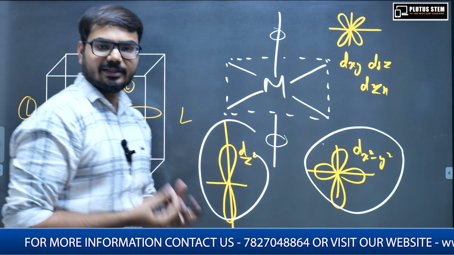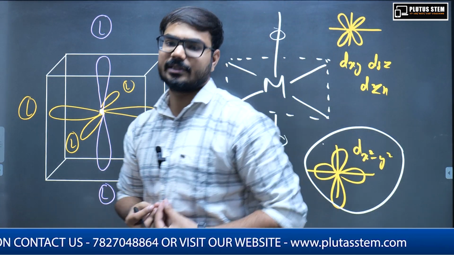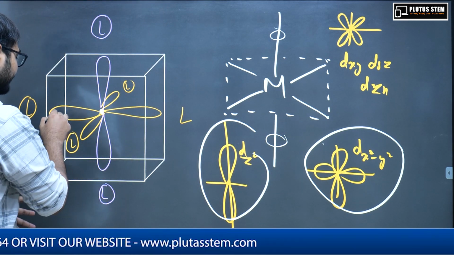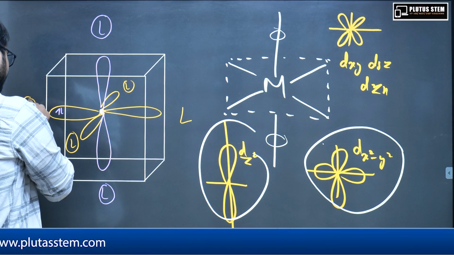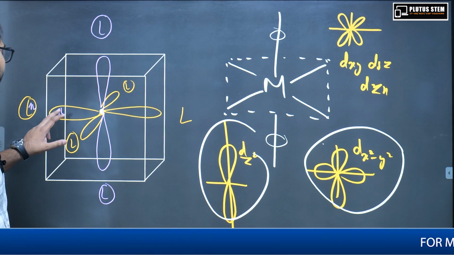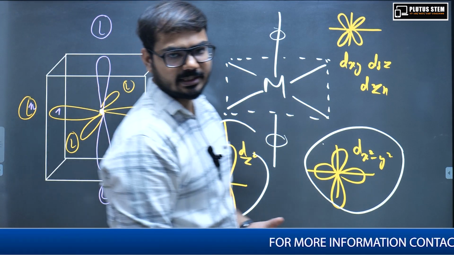Now, since CFT considers that the bonding between the metal and the ligand is 100% ionic, the entire process will be governed by the electronic repulsions happening between the ligand and the metal. The metal possesses some electron density, and ligands also carry negative charge density.